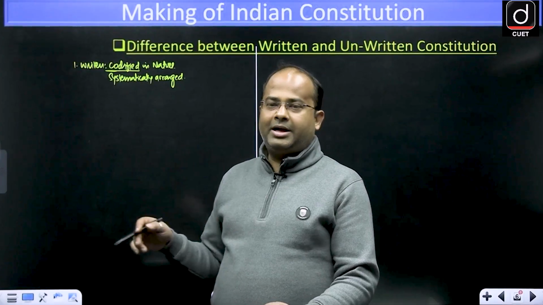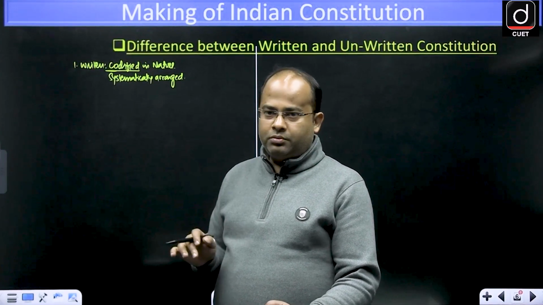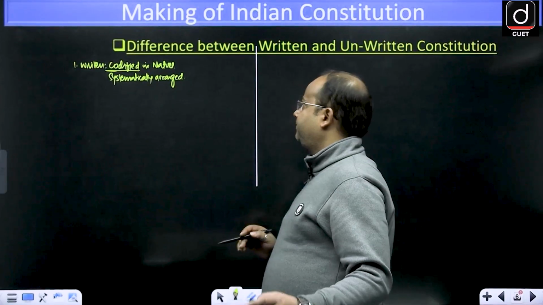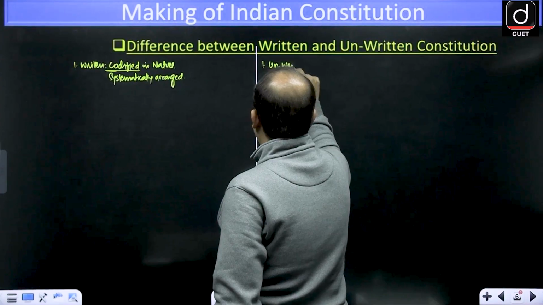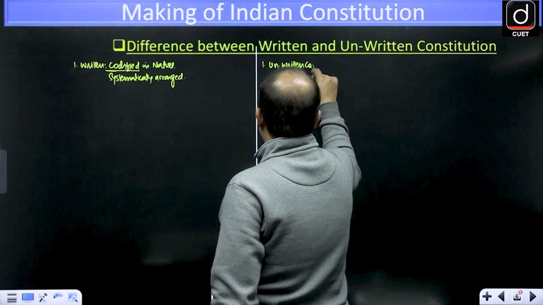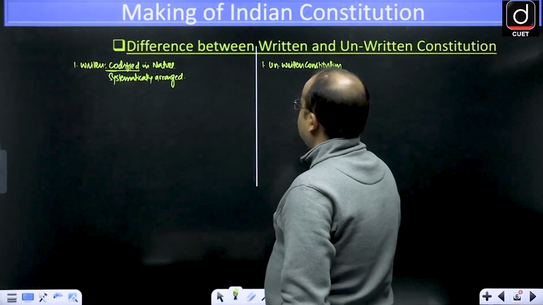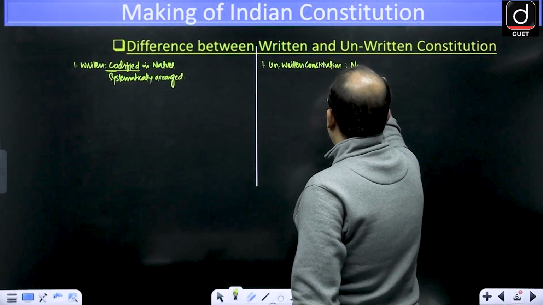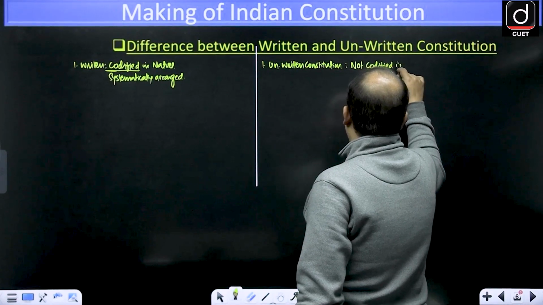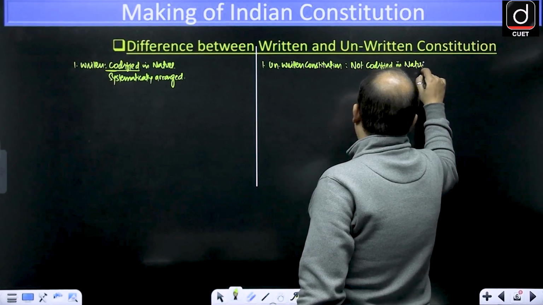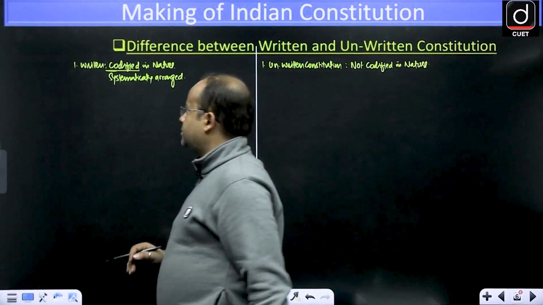It does not mean that in fundamental rights you will find articles related to some other provisions, whereas unwritten constitution is non-codified in nature. So it is not codified.